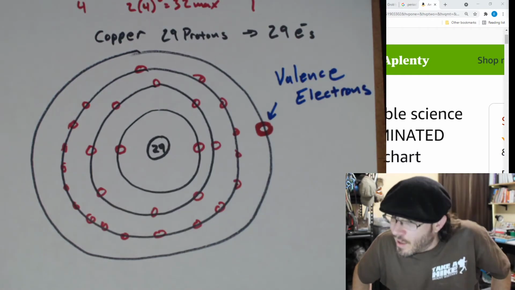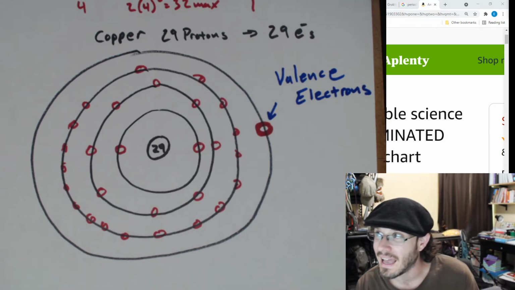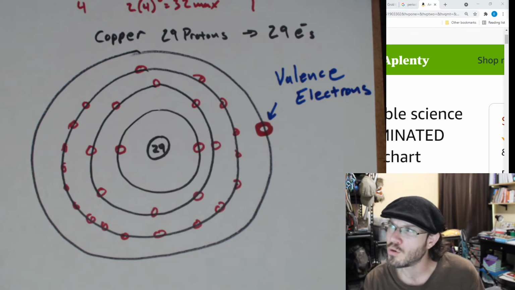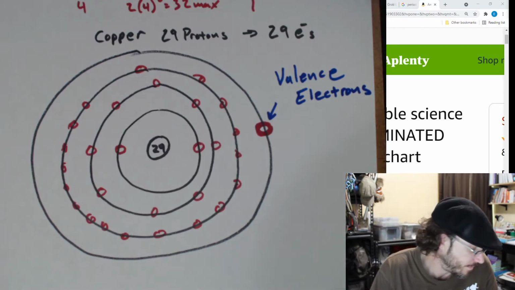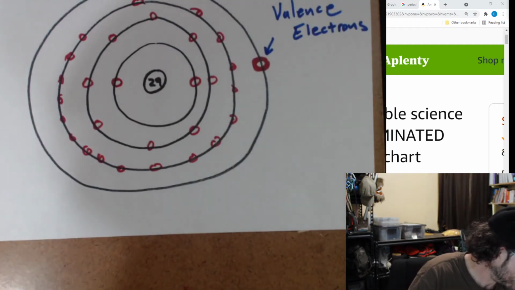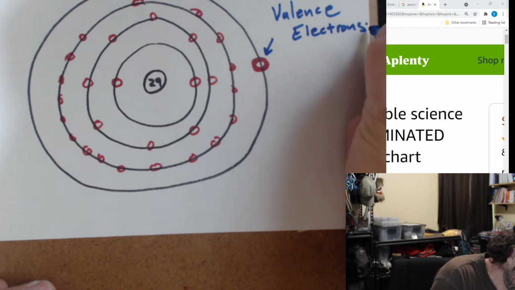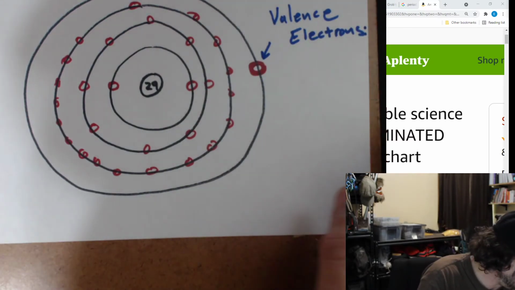We care about the number of valence electrons because the valence electrons are the most weakly bound electrons to the atom. So let me go ahead and define valence electrons.